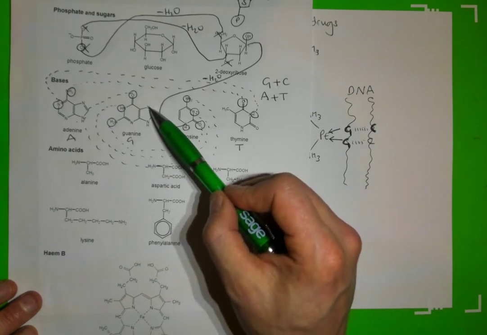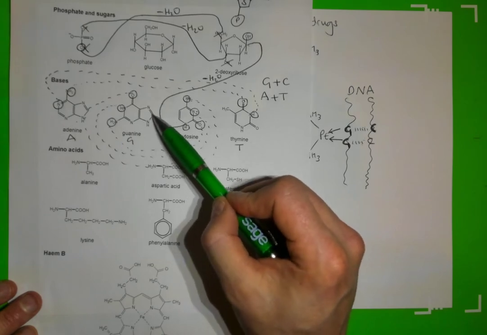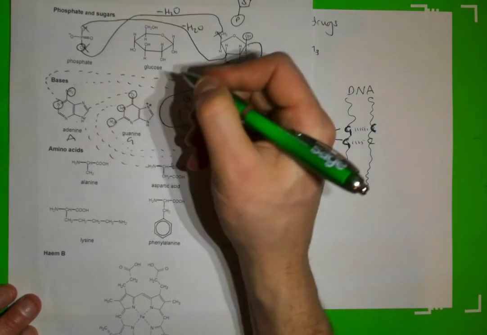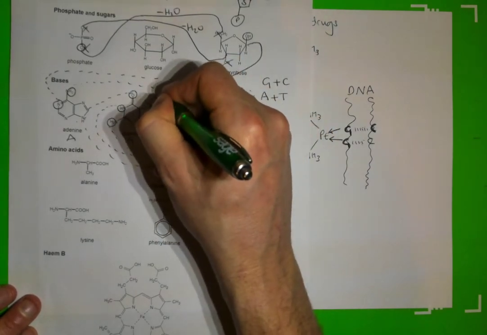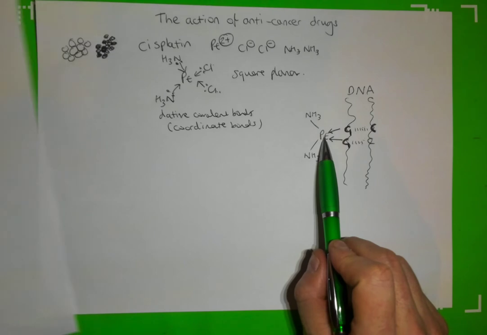It's this one here. It's always the nitrogen on guanine which is in the pentagon here with a lone pair of electrons on it. So this lone pair of electrons can form a coordinate bond to the platinum of cisplatin.